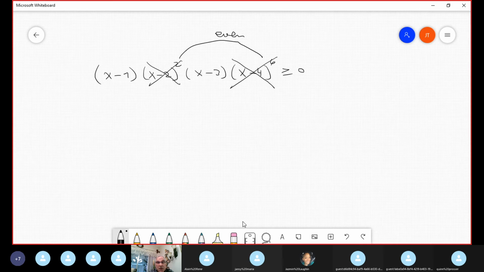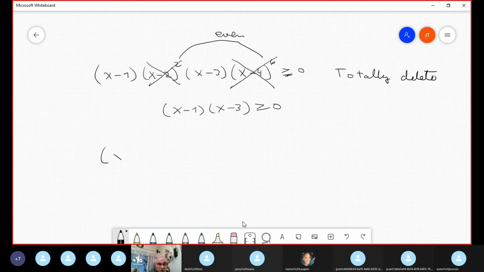How do you know it is totally delete? Because it is equal. So this complicated problem is equivalent to say x minus 1, x minus 3. End of the story. And you solve this super easy, either with the classical method or the changing sign method. This was totally delete.